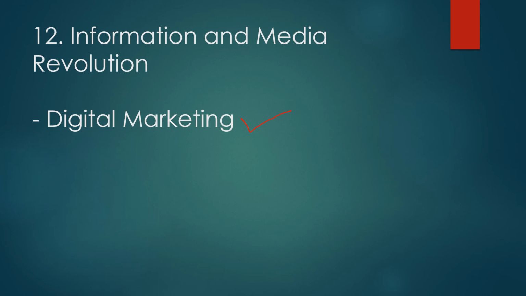So business activities in other countries can be conducted through information networks. So things like Amazon, Flipkart, they do digital marketing, and then you can directly talk with your sellers. That's about digital marketing. So this has also helped firms to enter into international marketing.